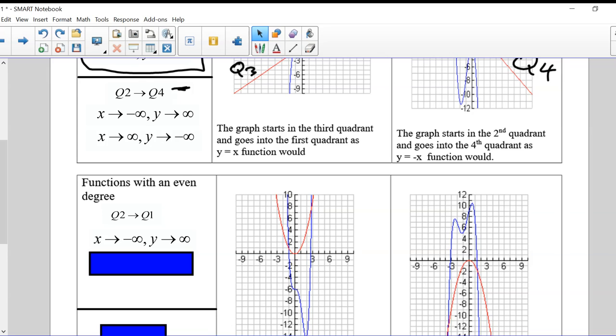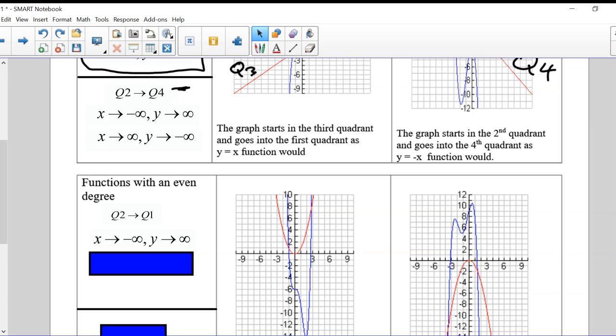They both exhibit Q2 to Q1 end behavior. Does that make sense, Jeremiah? The blue line is no different from the red line. They have a different equation, but in terms of end behavior, they're doing the same thing. They're going from Q2 to Q1.